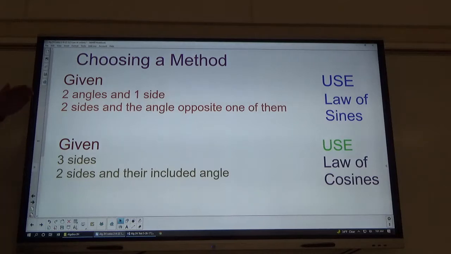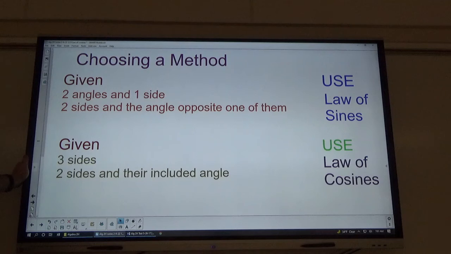If you're starting with 2 angles and 1 side, or 2 sides and the angle opposite one of them, so 2 angles and any one side, or 2 sides and the angle across from one of the 2 sides given, then you can use the law of sines.